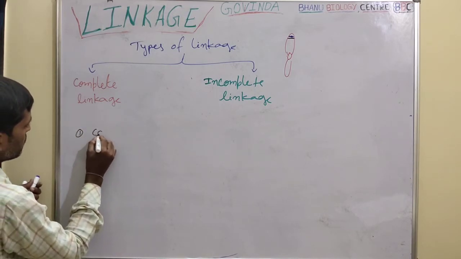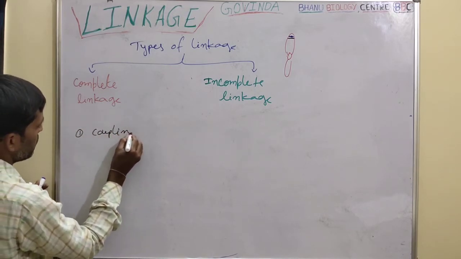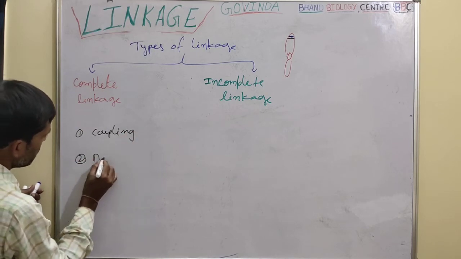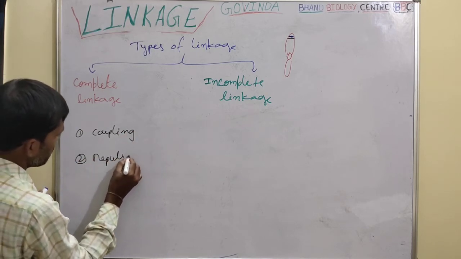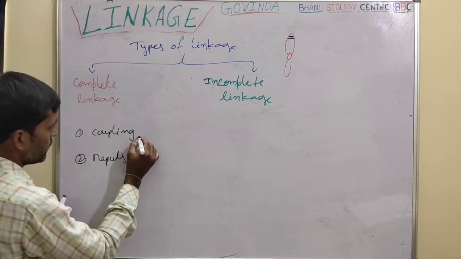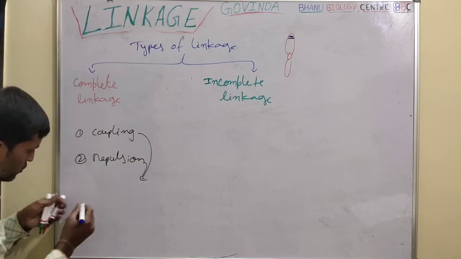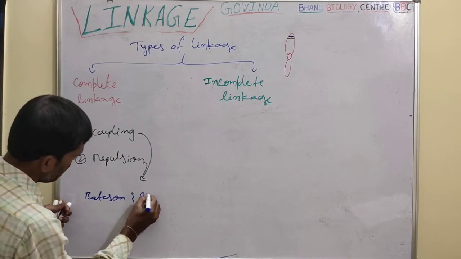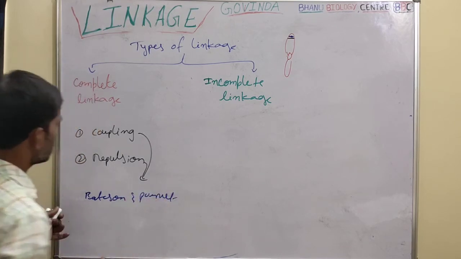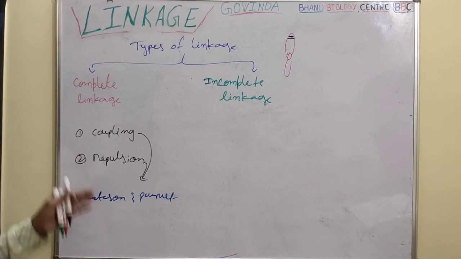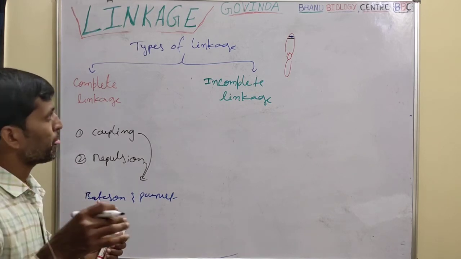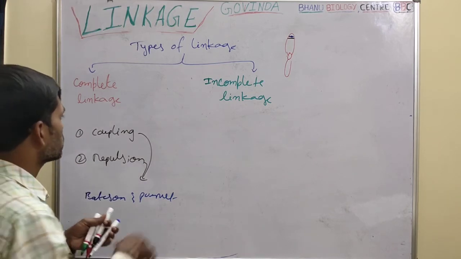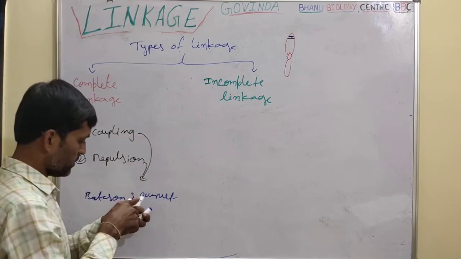One is coupling, and the other is repulsion. These two were given by Bateson and Punnett. So we know what coupling and repulsion are. Now, what is the incomplete linkage ratio that we obtain in these two aspects?